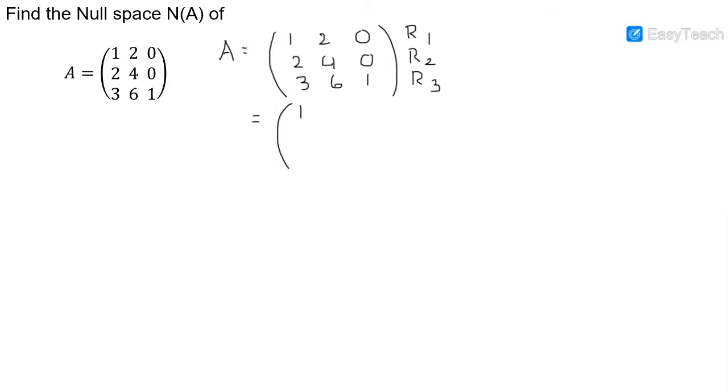We'll retain the first row as it is. Second row will now be R2 equal to R2 minus 2R1. Our intention is to make this element 0. I can make this element 0 by multiplying this element by 2 and subtracting it from this. So I have this as 0, this as 0, this as 0.